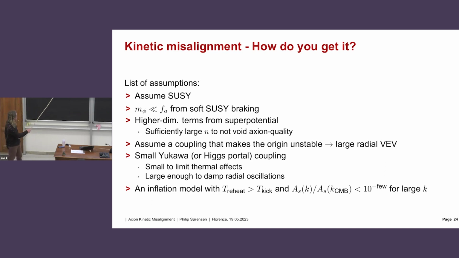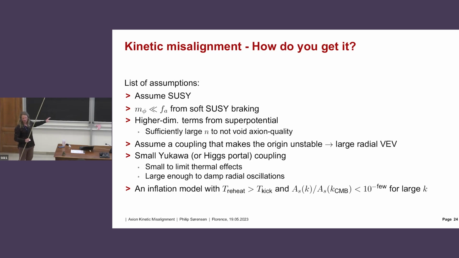Then you assume that it's coupled in a way that makes the origin unstable, so you push to a large VEV. And then you need some coupling responsible for dampening the radial oscillations. Could be a KSVZ-like Yukawa coupling, could also be a Higgs portal. And these have to be small enough to not have thermal effects ruin your day, but also large enough that you can still dampen with them.